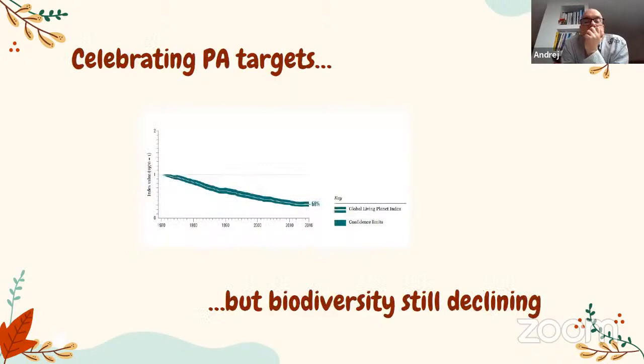Yeah, so we are celebrating protected area targets, and we certainly should be proud of that. Because actually, you should know that this year we are celebrating 150 years of the first national park established in Yellowstone. And then the growth of protected areas was not really speeding up at full force until the last couple of decades.